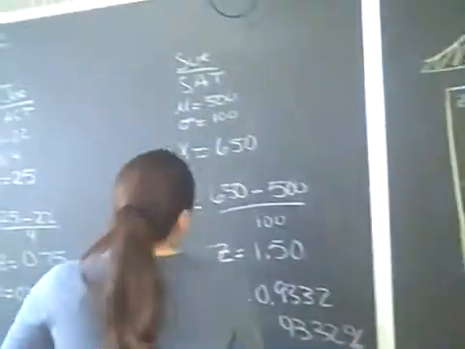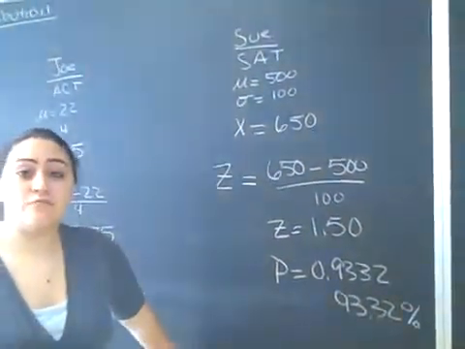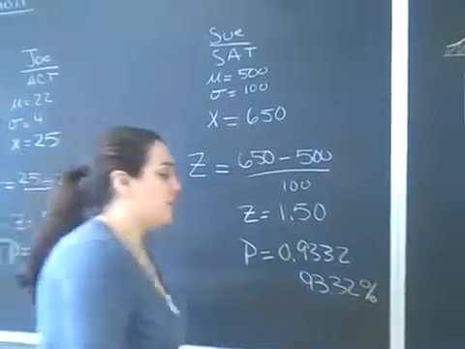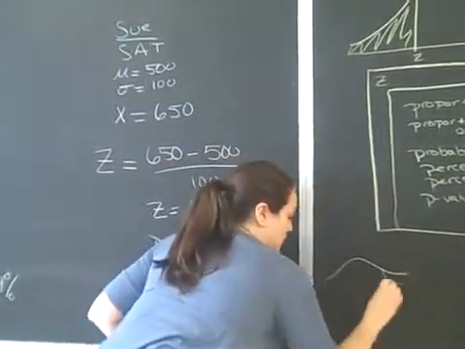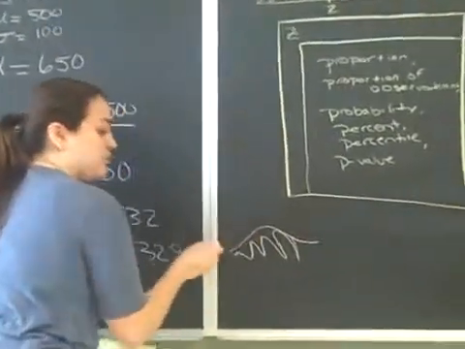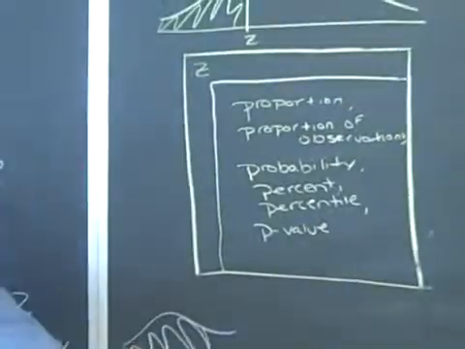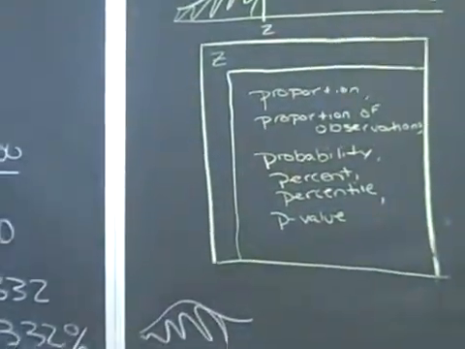Now, let's say we're looking at Sue, and she wants to know what score she needs to get to be in the 80 percentile. 80 percentile means better than 80% of people. Since it matches this side of the chart, we can go ahead and calculate it by hand, or we can put it in the calculator.